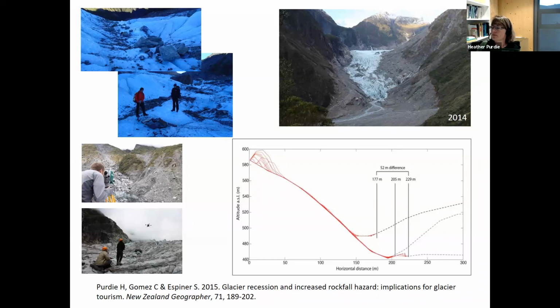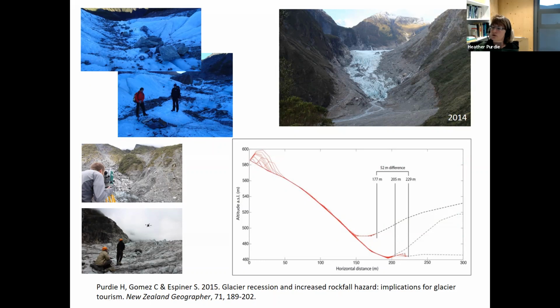And of course, at that time, in 2012, 2014, we still had a slight catching feature, if you like. We still had a slight trough at the edge of the glacier on some sides, but as the glacier has continued to retreat, we've lost that altogether now. So on this lower portion of the glacier, we got to the situation where the debris apron from the valley sides encroached right out onto the glacier surface.